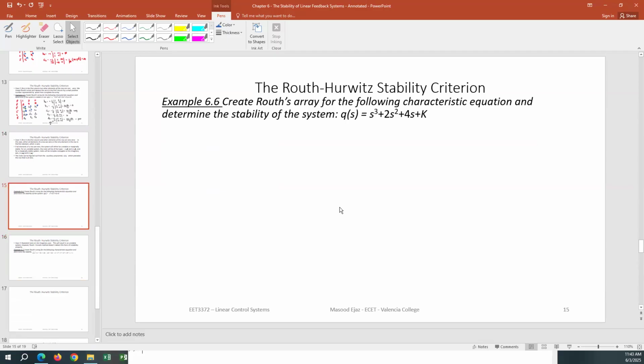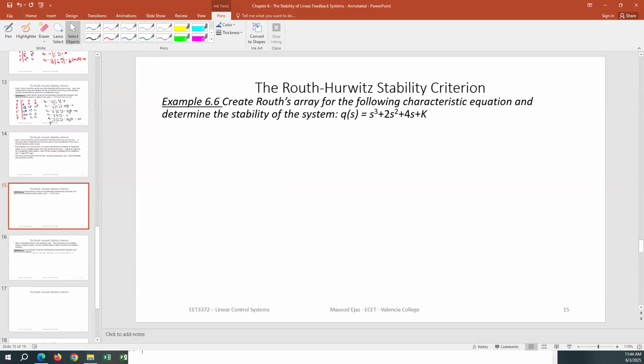Okay, let's do this thing. Create roots array for the following characteristic equation and determine the stability of the system. Oh, this is different. Let me see.